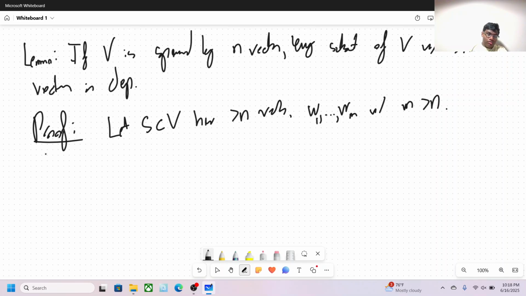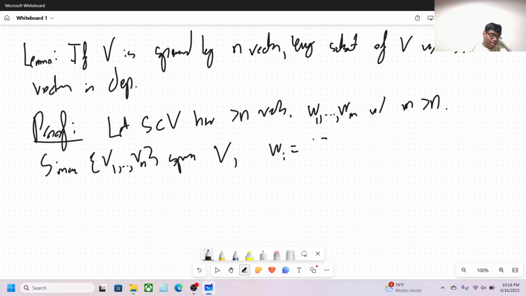Since v1 through vn spans V, since this is spanned by n vectors, we can write each wi as a linear combination. So we can write wi equals the sum over k equals 1 to n of beta ik vk.